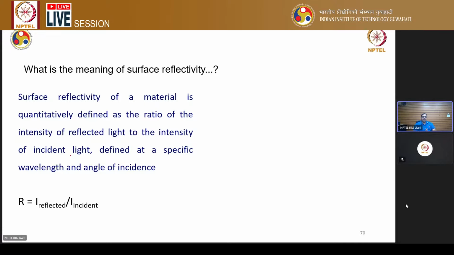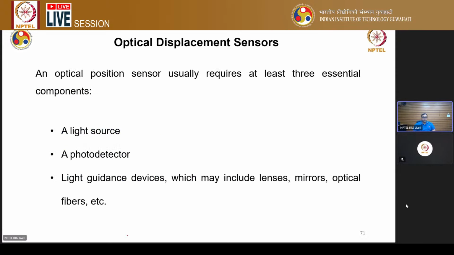Of course, this is defined at a certain wavelength and a certain angle of incidence. So basically it is I reflected by I incident when the angle of incidence is fixed and the wavelength is also fixed. When you change the wavelength, the surface reflectivity will also change.